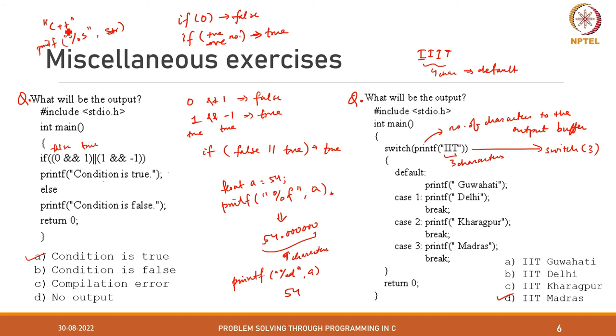So it will take three characters plus one character after. There is always a null character which is used to end any string. So here it will be four characters. Why it will be four characters will be covered in the upcoming weeks when we learn strings. Then we'll see this.